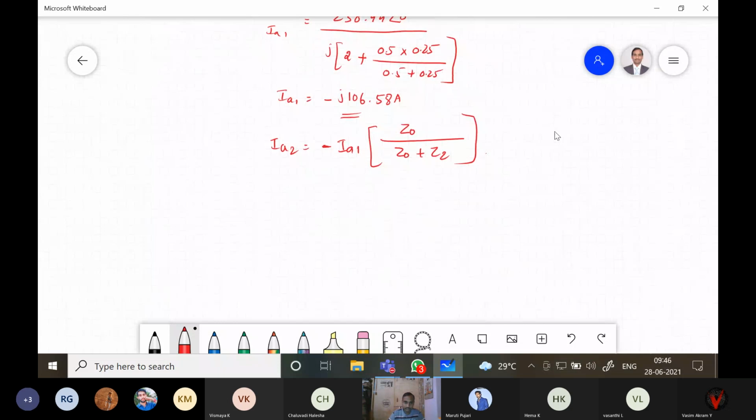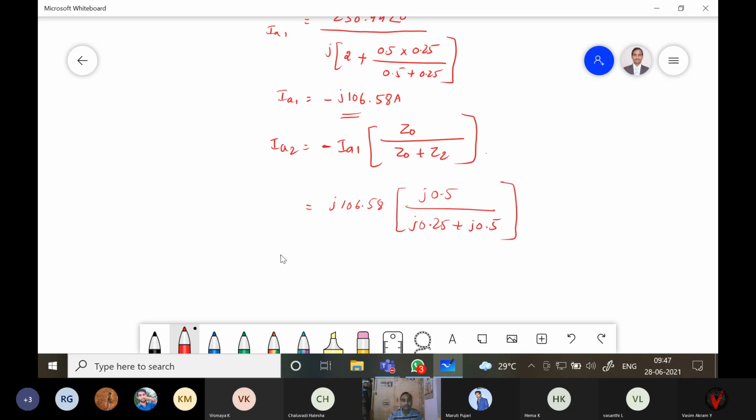So minus IA1 is equal to J106.58, minus of minus gives plus, and Z0 is J0.5 divided by J0.25 plus J0.5.